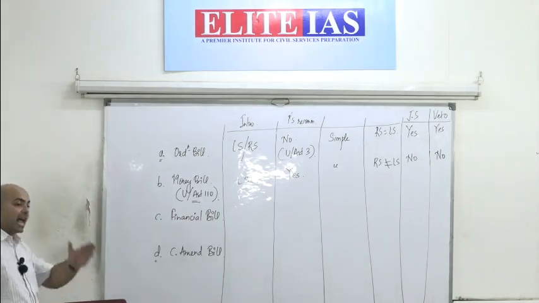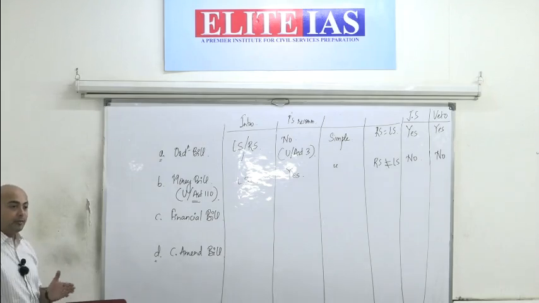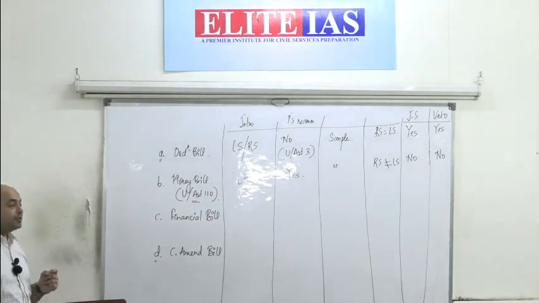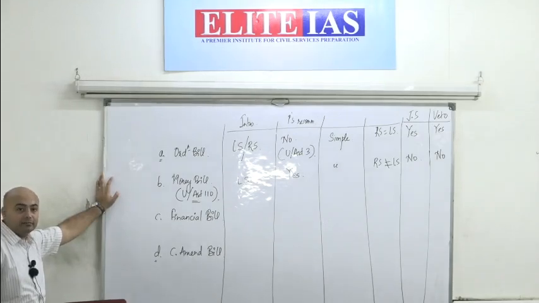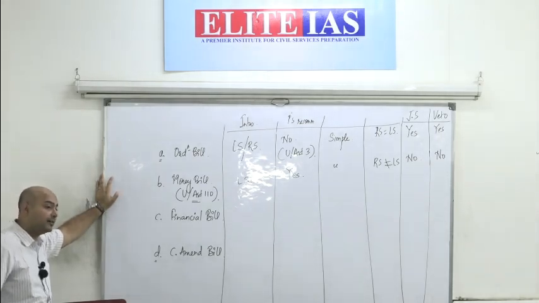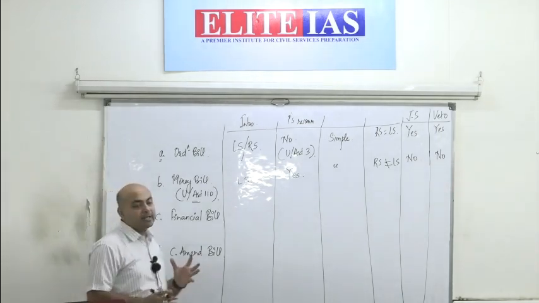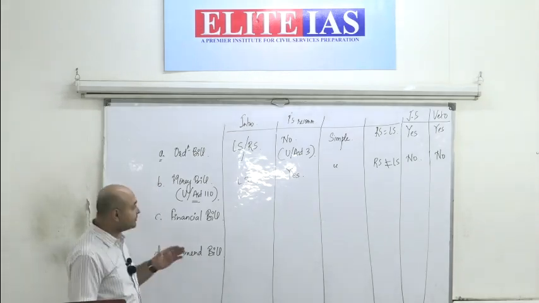The president has to give his assent to the bill. As mentioned under Article 110, the term that is used is shall. The president shall give his assent. So not the president may, it says president shall. It is compulsory on the president to do so.